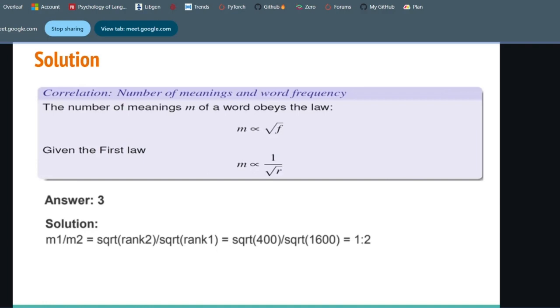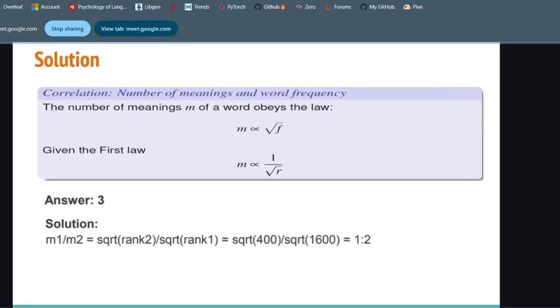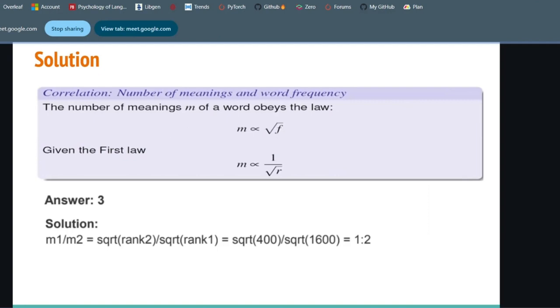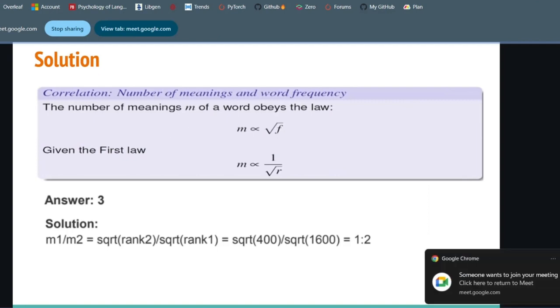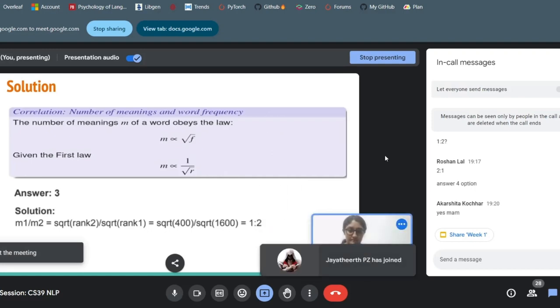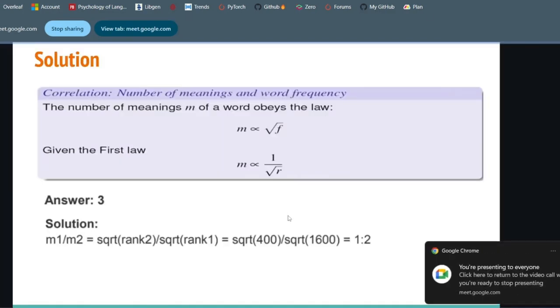Anybody has a doubt in this problem? I hope people are being able to solve the problems. If anybody has a doubt in this problem, please feel free to ask. Okay.